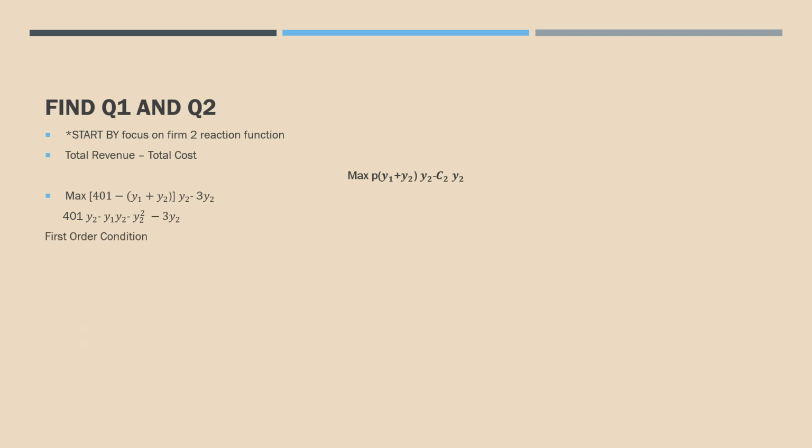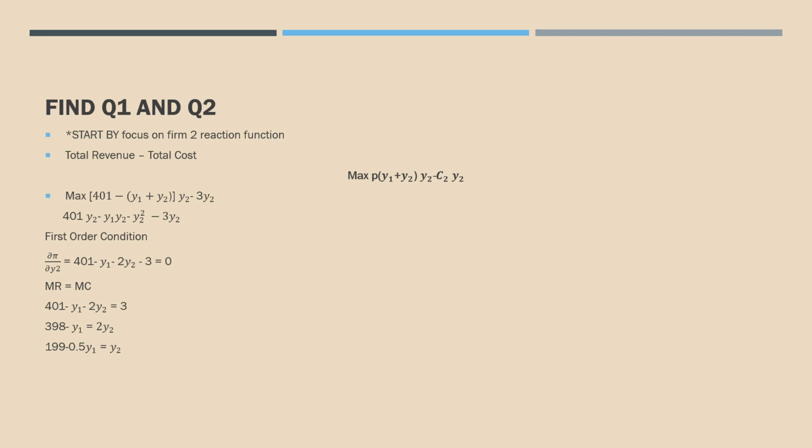I take the first order condition and get 401 minus Y1 minus 2Y2 minus 3 equals 0, which is marginal revenue equals marginal cost. So 401 minus Y1 minus 2Y2 equals 3. Once I simplify, I get 398 minus Y1 equals 2Y2.